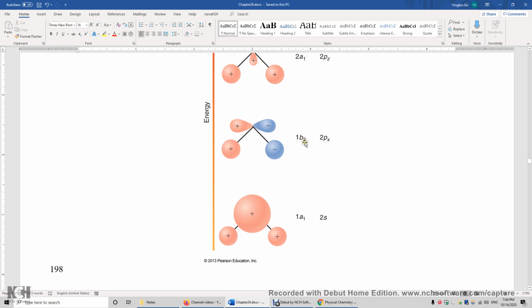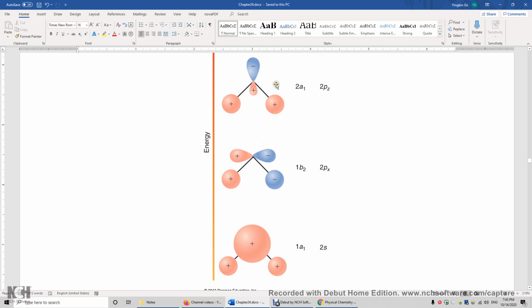What about this 2? 2 means anti-symmetric with respect to the symmetry plane that's perpendicular to the water molecule. So again, imagine a symmetry plane here, perpendicular to the water molecule. After the reflection, the plus sign goes here, the minus sign goes here. Therefore, this is a B2 symmetry.